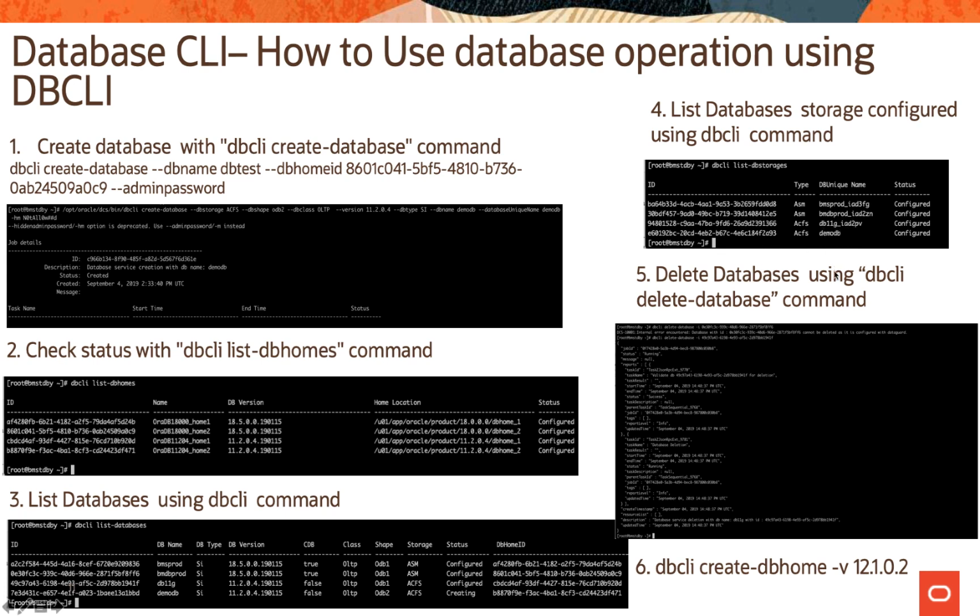You would be able to delete a database using the DBCLI delete database command, and as soon as you launch that, it takes some time, and then it will come up with a message that the database is deleted. You can create a new database home of any version using DBCLI create dbhome -v and the version name. That way you would be able to create a new database home.